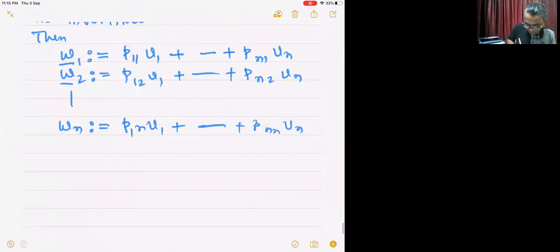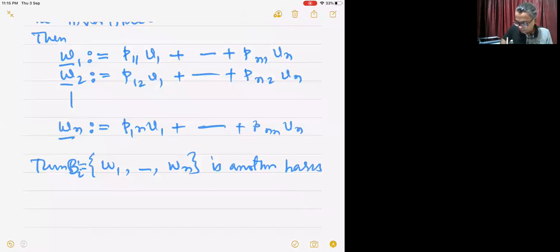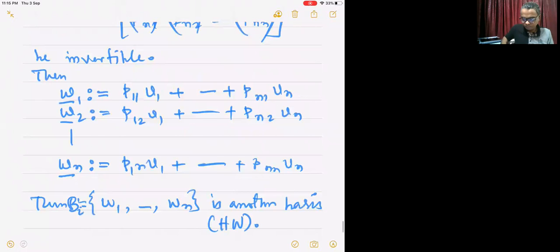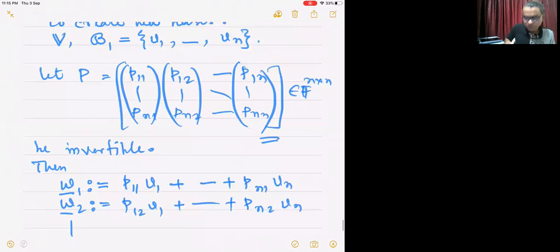Then W1 up to Wn is another basis. Prove that this is true. That goes to you as homework. It's a very simple proof. It just uses the fact that P is invertible.